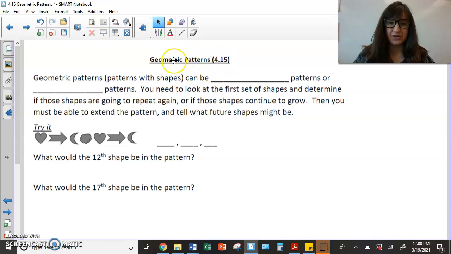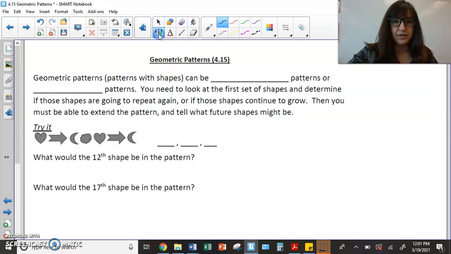So, when I say the word geometric, I'm talking about shapes. So, geometric patterns, which are patterns with shapes, can be growing patterns or they can be repeating patterns.